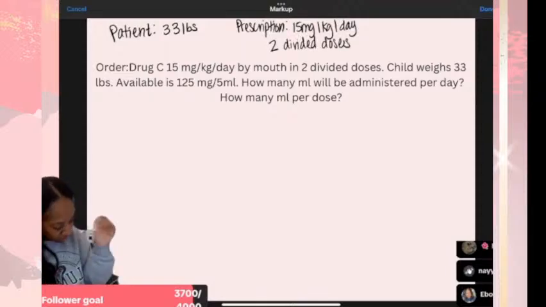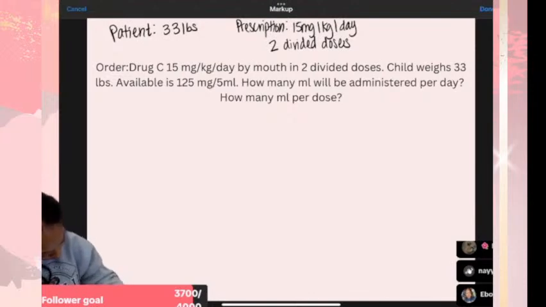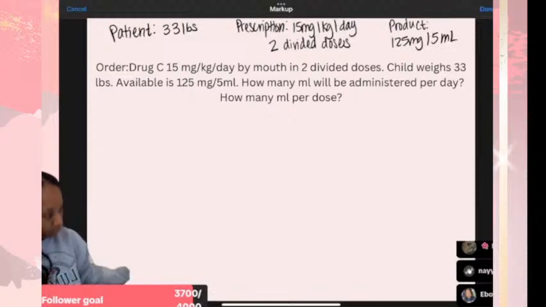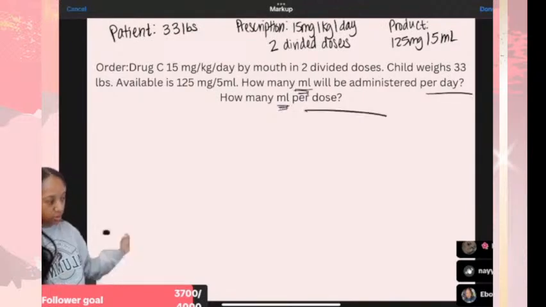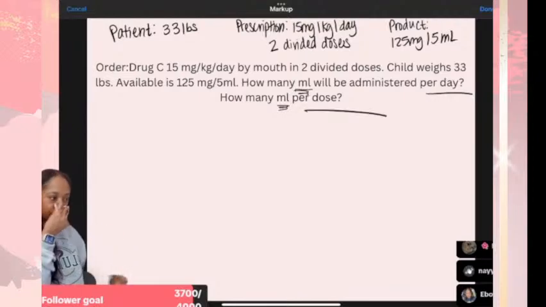Okay, and then our product, which is your drugs, is available in 125 milligrams per 5 milliliters. And so we want to know how much they're going to get mLs per day and how many mLs per dose. So we got to do two different problems, okay?